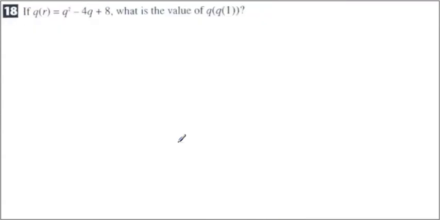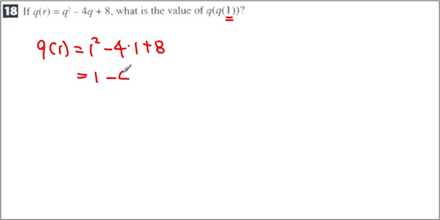Alright, let's look at number 18. So this is what we have. What is Q of 1? That simply means you have to plug this number into the function Q as it is given here. So Q of 1 is 1 squared minus 4 times 1 plus 8. What is this equal to? 1 minus 4 plus 8, which becomes 5.